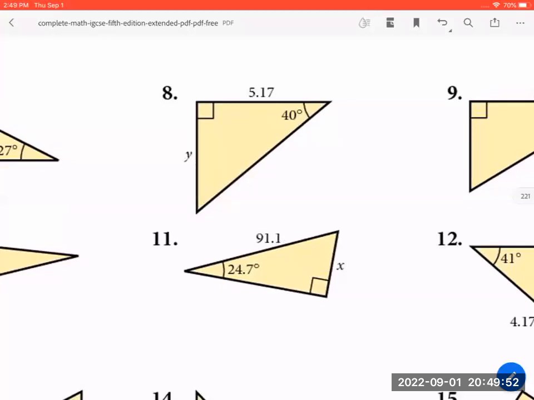I want to find something different in 11, okay? I want to find all the sides in the triangle and all the angles. Can you do this for me, please? Okay, I will try. Send it to me on WhatsApp and label the triangle A, B, C so I can understand which side you are dealing with. Can I label it opposite, hypotenuse and adjacent? Yeah, sure, you can do this.